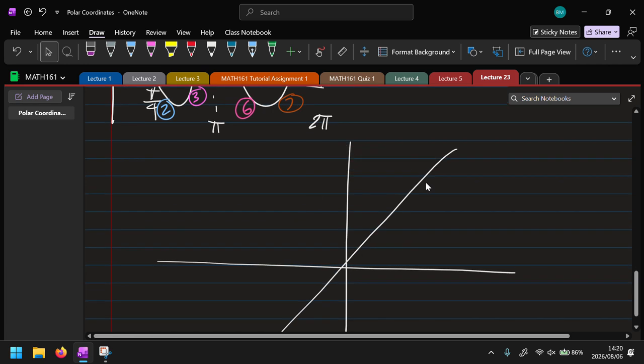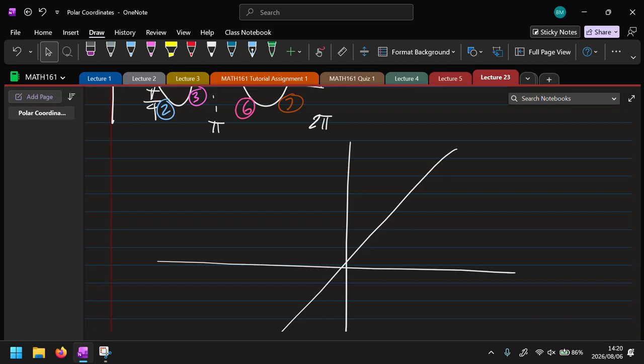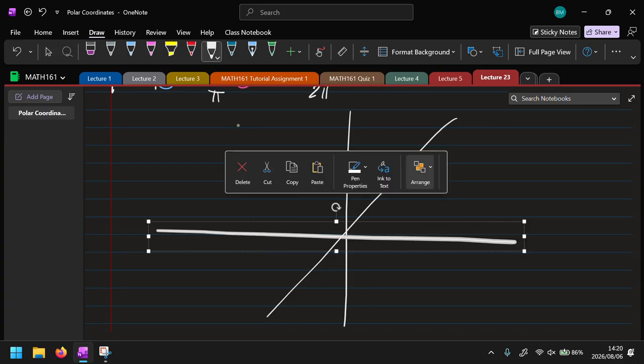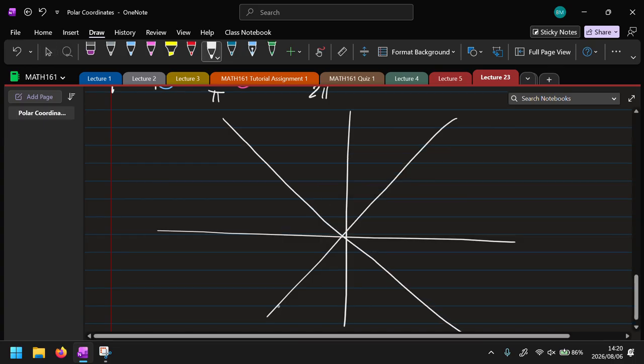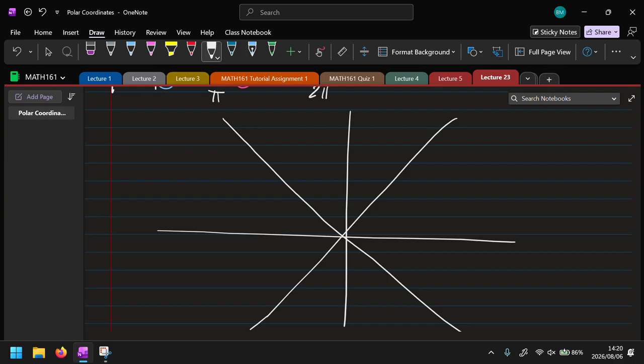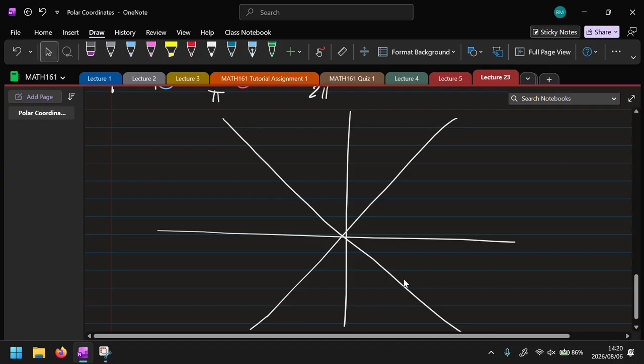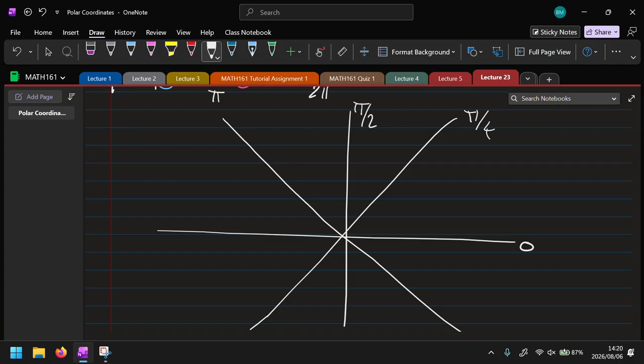So that horizontal is the diagonal line. That's going to be important for us. And then we can put the other one in. I'm not going to draw the circles just yet. We'll see in a bit what we're going to do there. But let's put in the angles. So we're going to have 0, pi over 4, pi over 2. And it's going to go all the way around.